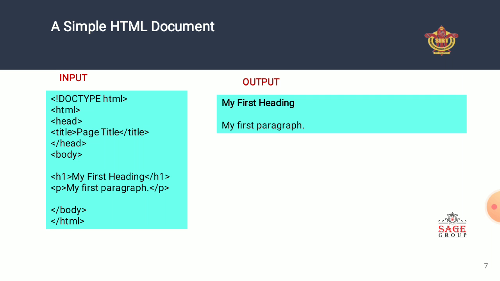The title tag holds the page title, then the title tag is closed, then the head section is closed. Then the body section: the body tag starts, then the heading is my first heading, then the heading is closed, then the paragraph is my first paragraph, then the paragraph is closed, then the body is closed, then HTML is closed. So the output is my first heading and my first paragraph.